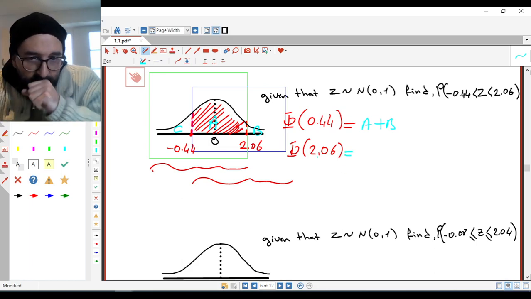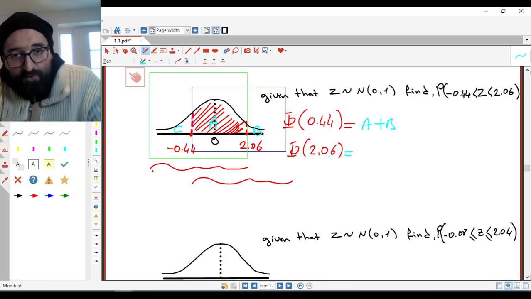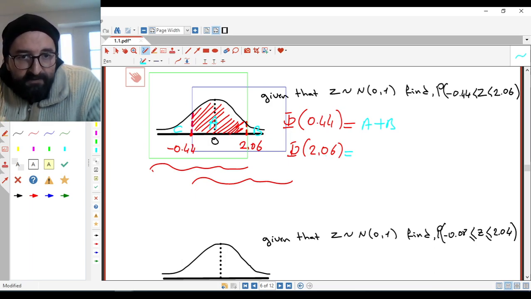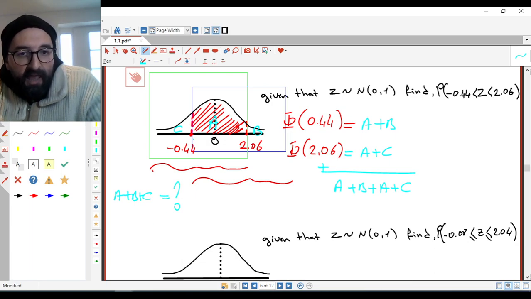If I find 2.06 from the Z table, I can find the big area, A plus C. If I add both of them, I have A, B, A, C. And please remember that A plus B plus C is the area under the curve, and their sum is 1. So we can say A plus B plus C is 1.